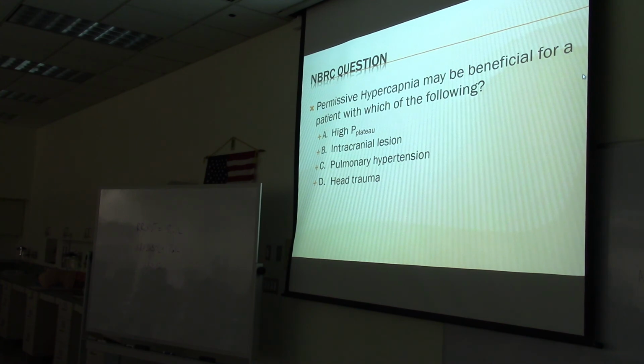High plateau? All right, it's forcing us to consider A. See if you can find the connection. High plateau pressure means stiff lungs.